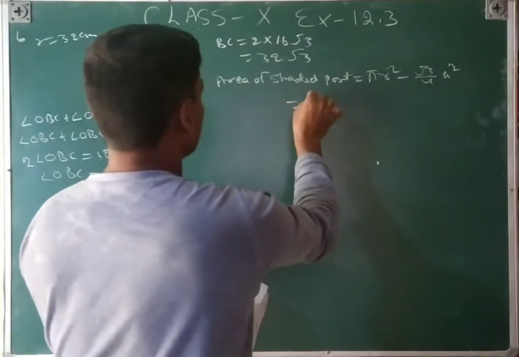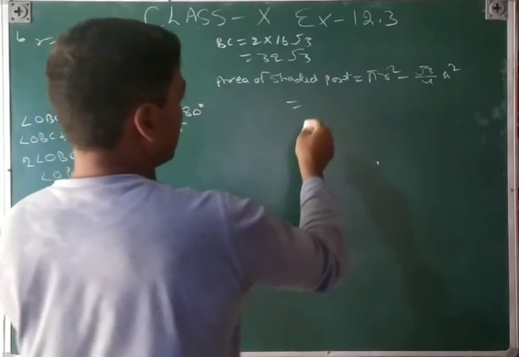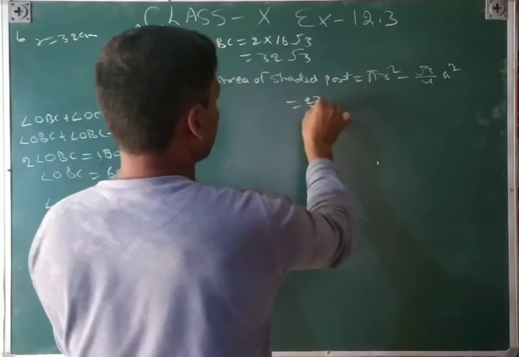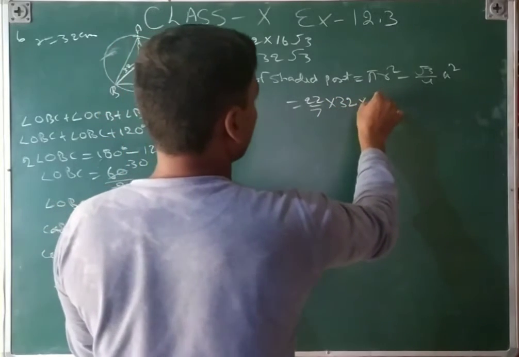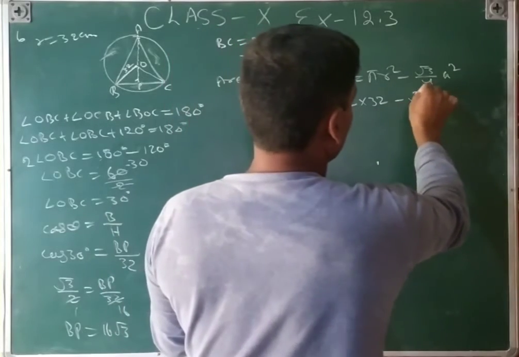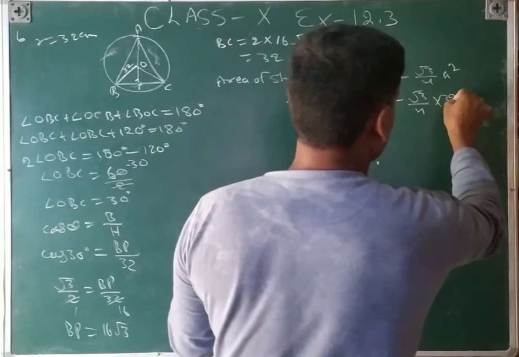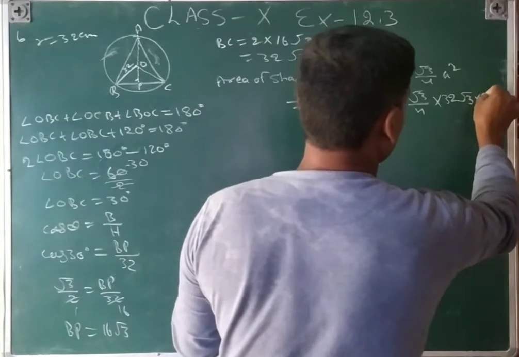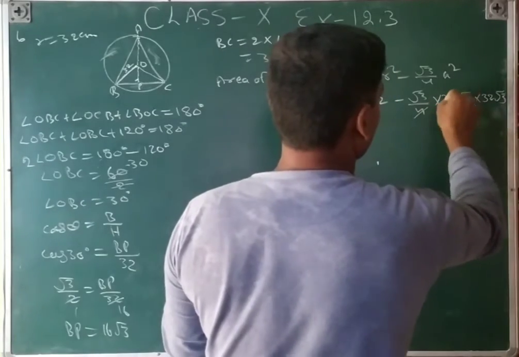The pi value is not given here, so 22 upon 7 into 32 into 32 minus under root 3 upon 4. A is 32 under root 3 into 32 under root 3, so 4 eights are 32.